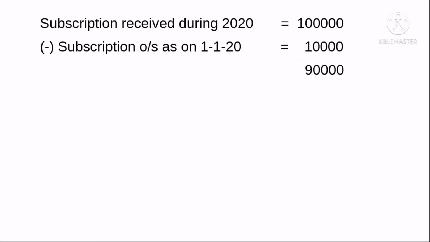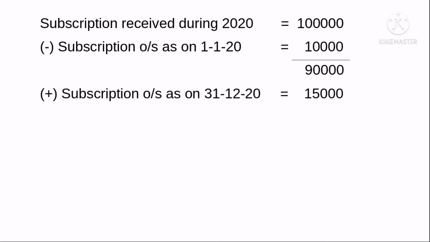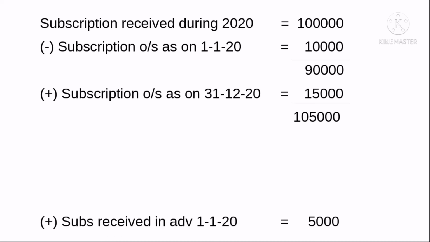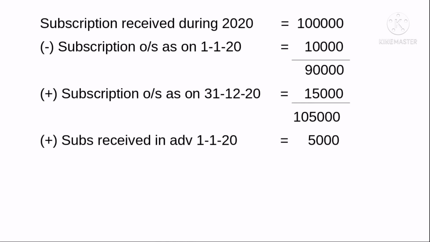It will relate to the current year. That should be added. So, add subscriptions outstanding as on 31st December 2020 rupees 15,000 and the total is 1,05,000. Next is subscriptions received in advance at the beginning. That should be added. Add subscriptions received in advance as on 1/1/2020 rupees 5,000. Total subscription now is 1,10,000.